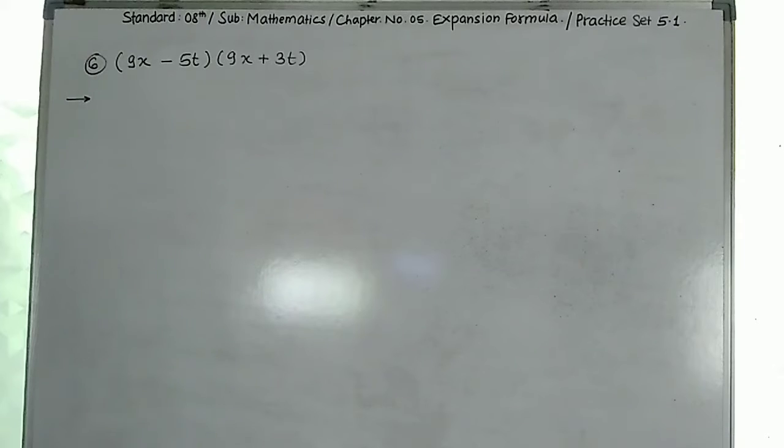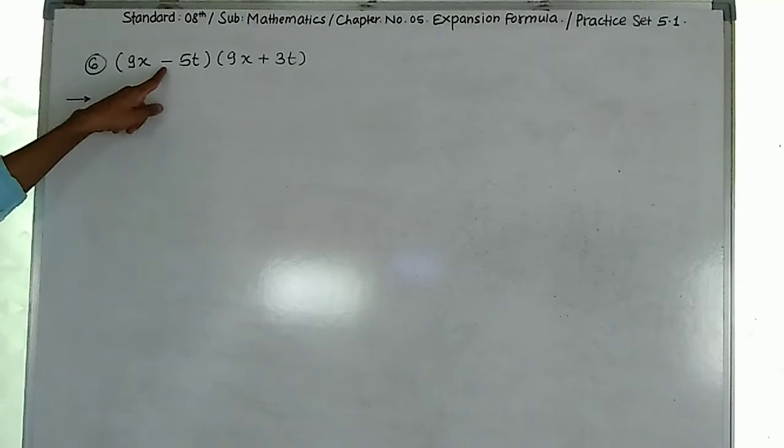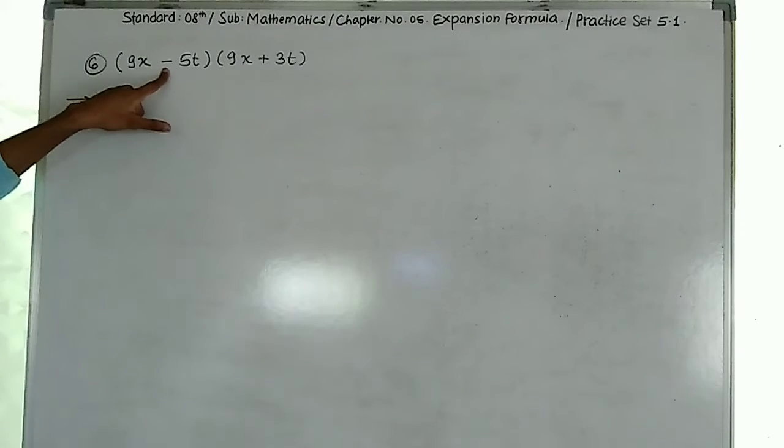Now let's see the sixth number sub question. Okay. We have to expand (9x - 5t) into (9x + 3t). Okay. Now again, here you will see that the operator used is minus sign. Okay, in the first bracket minus sign is used, so I want the plus sign over here.